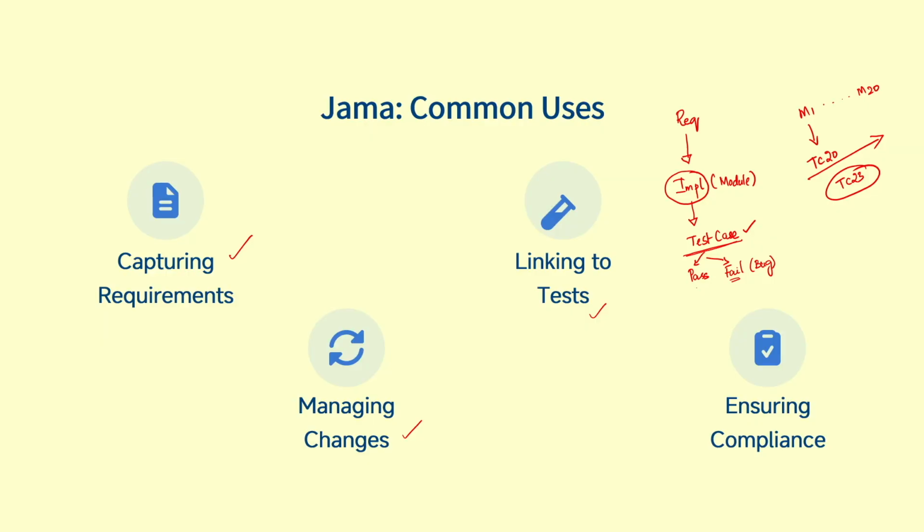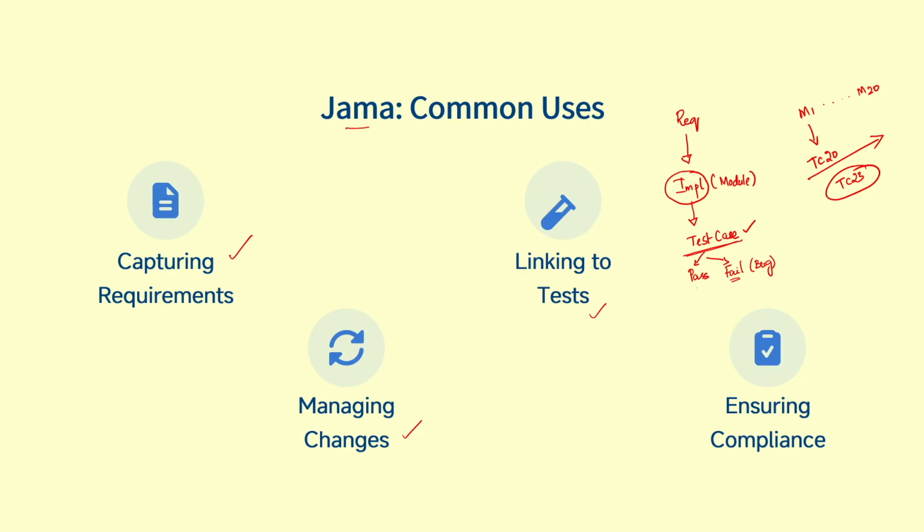That identification is simple when you use JAMA. There is a linking to the tests. Test here is representing your test cases. It is also ensuring compliance with all the regulations that you want. The main things are these three. It is trying to capture the requirements.